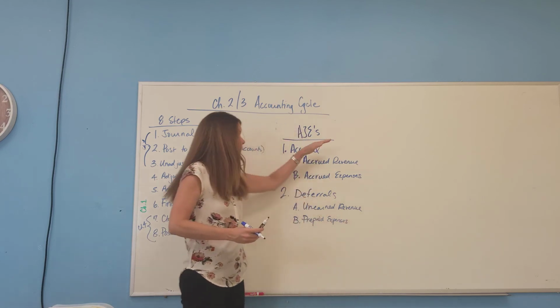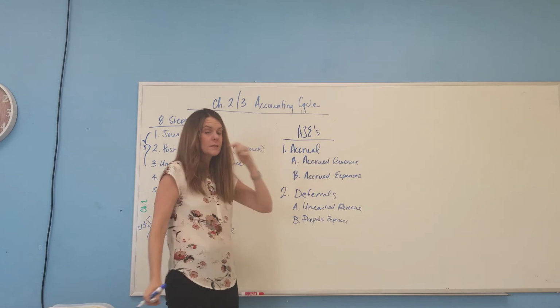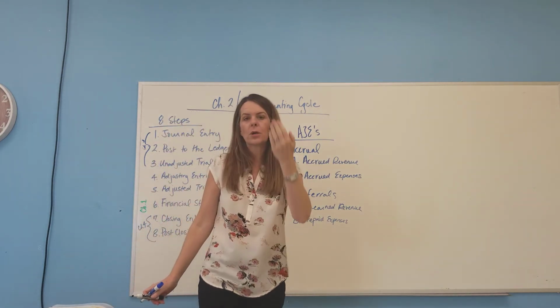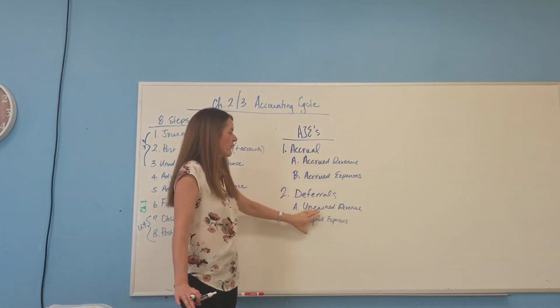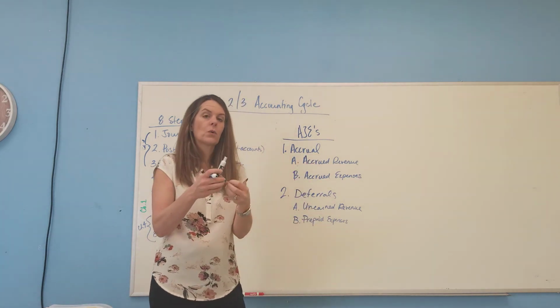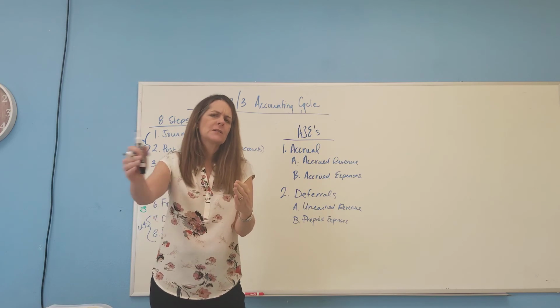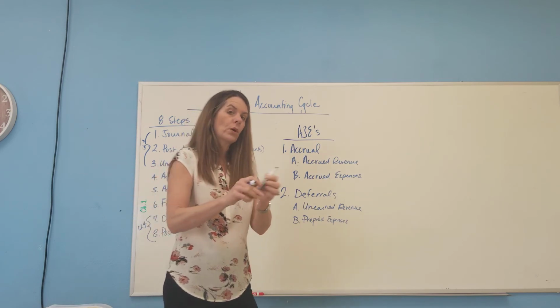Okay, so accruals come about when something has occurred but there's been no transaction. Okay, so that's an accrual. A deferral happens when a transaction has already occurred during the period, but it needs to be adjusted at the end.